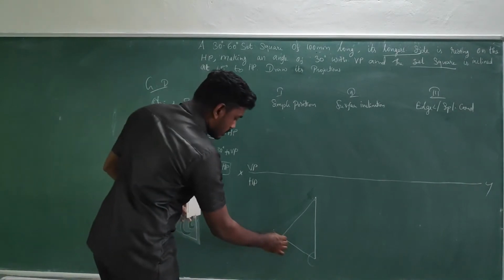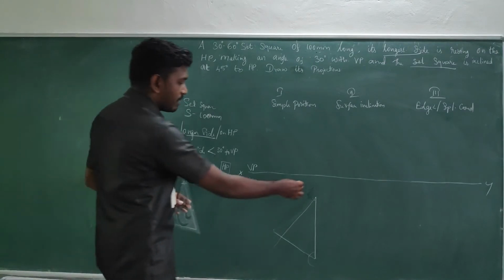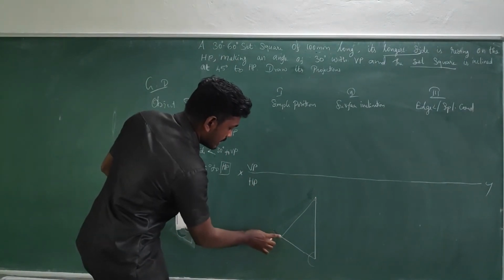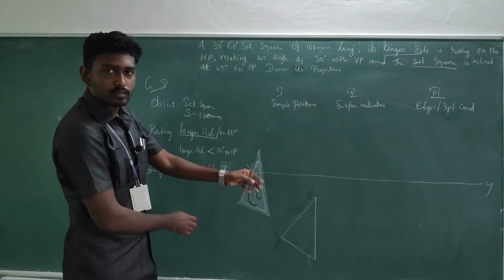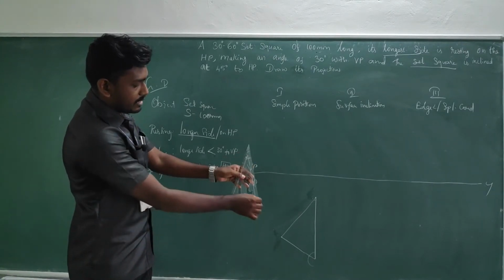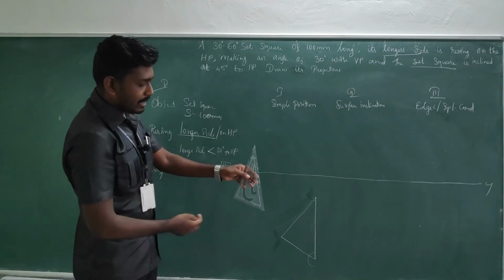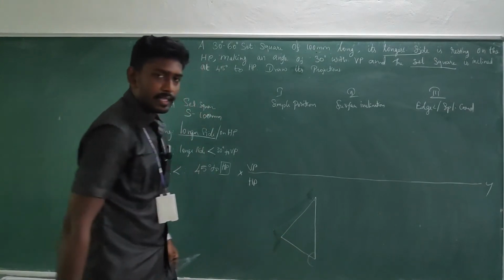So when you are having the line, both the inclined lines coming from the longer side will intersect. So this is the another corner of the set square, this end. We don't know the measurement for this side, so what we did is, we know it's 30 and this is 60. So from the one end we draw the 30 degree line, from the other end we draw the 60 degree line, so that we will get the shape.